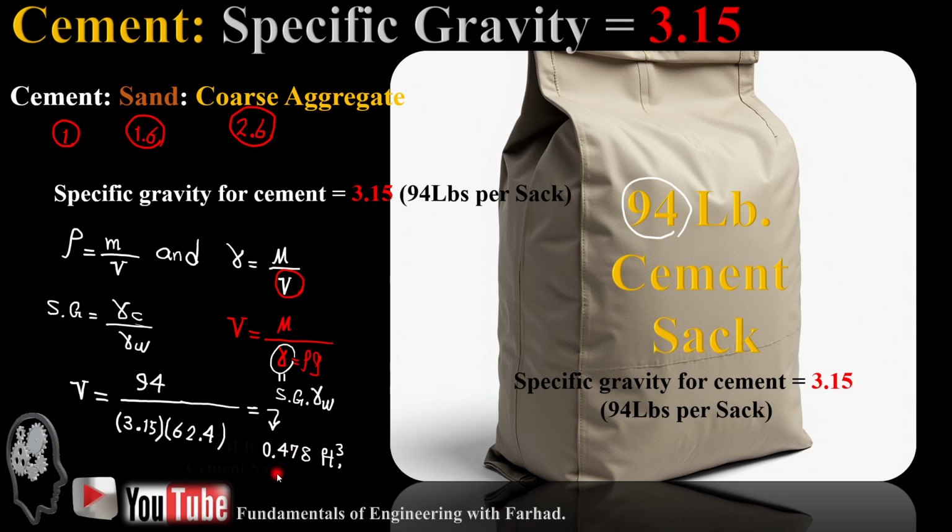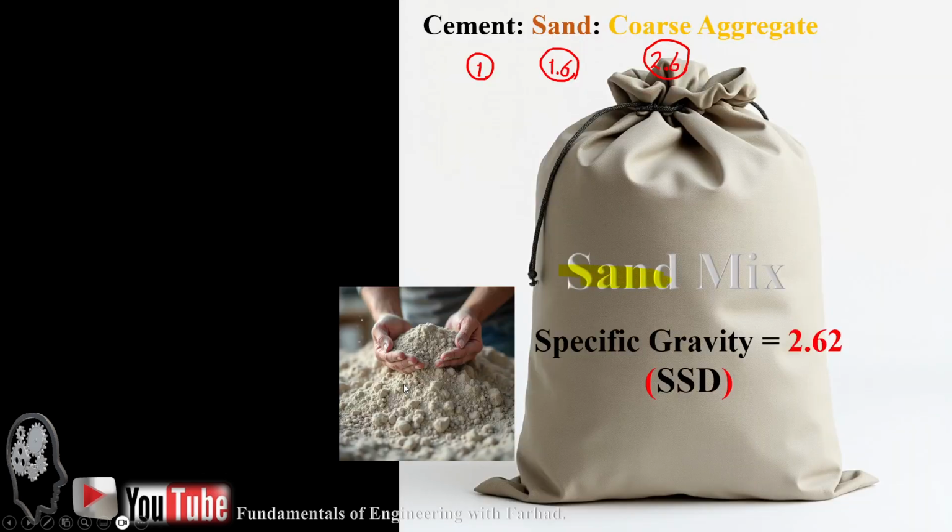And then the volume of cement is equal to 0.478 cubic feet. Likewise, we'll jump to the second material, which is sand in our mixture, and this time the ratio of sand to cement is 1.6 to 1. So 1.6 times 94, which is the weight of cement used in our mixture, gives us the weight of sand in our mixture, 150.4 pounds.